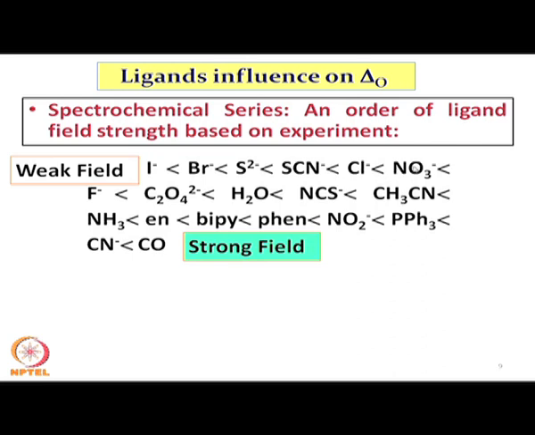Then after chloride we have nitrate, which is a little higher in strength than chloride but less than fluoride, then oxalate, water, then isothiocyanate. Thiocyanate binds through sulfur, and isothiocyanate binds through nitrogen. So, sulphide and thiocyanate, which bind through sulfur, are side by side, but when it is nitrogen, we have the nitrogen coordination from isothiocyanate, which is less than acetonitrile.